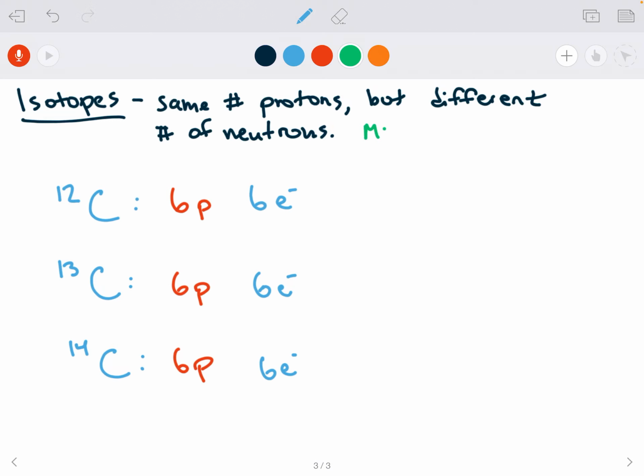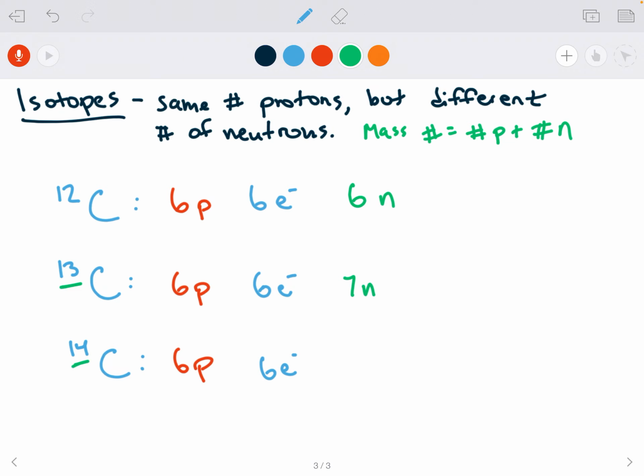So remember, mass number is equal to the number of protons plus the number of neutrons. So mass number of 12, 6 protons, that means we have 6 neutrons. Here, mass number 13. 13 minus 6 protons gives you 7 neutrons.